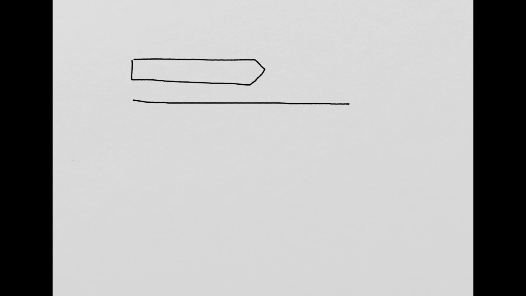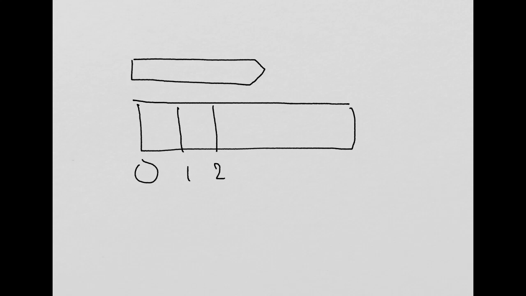Another way would be to reconstruct this. So I have my crayon here, and I have my ruler here, and I reconstruct it starting at 0, 1, 2, 3.